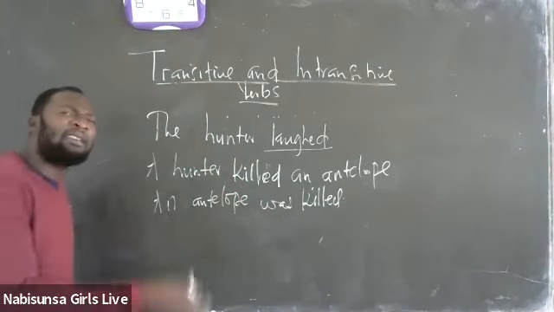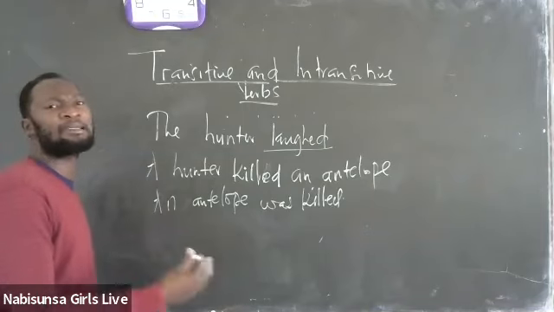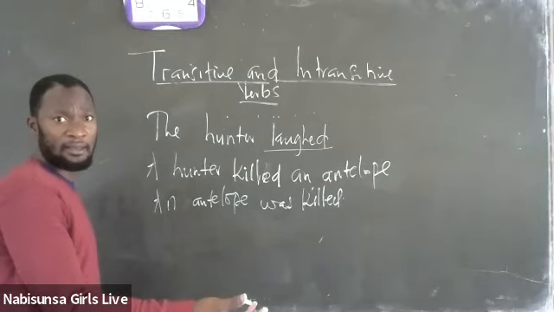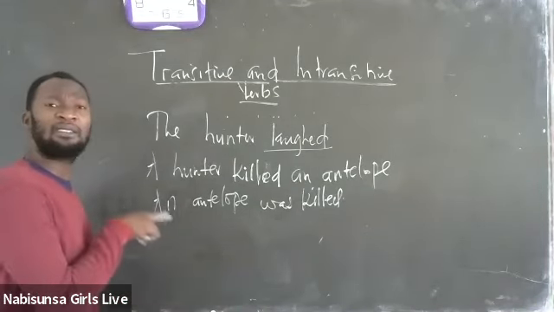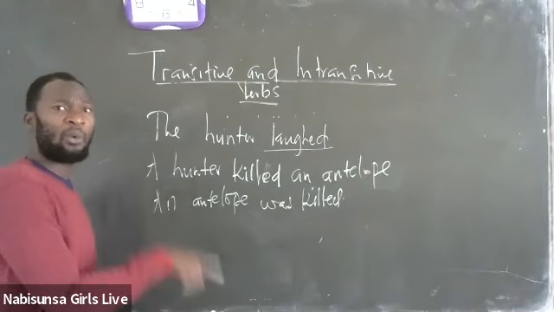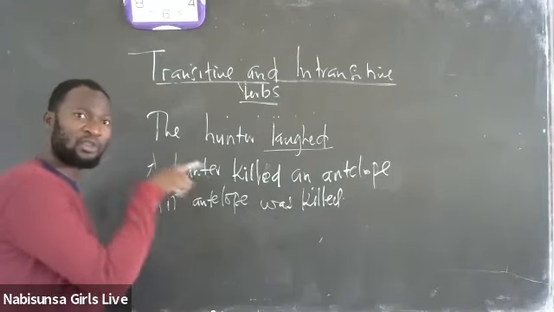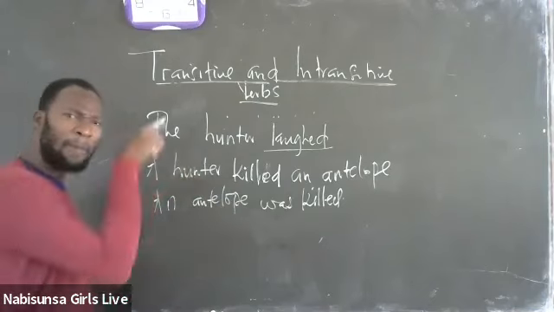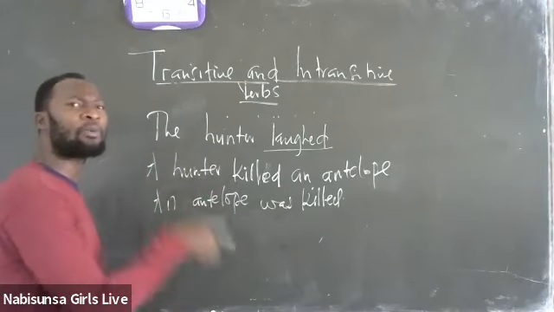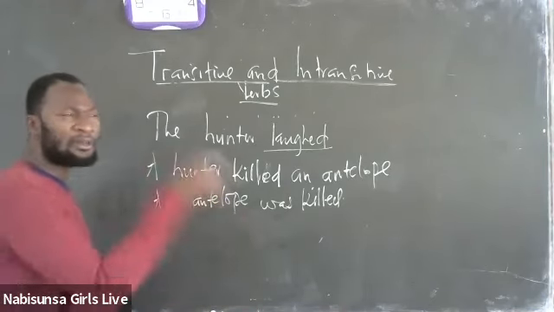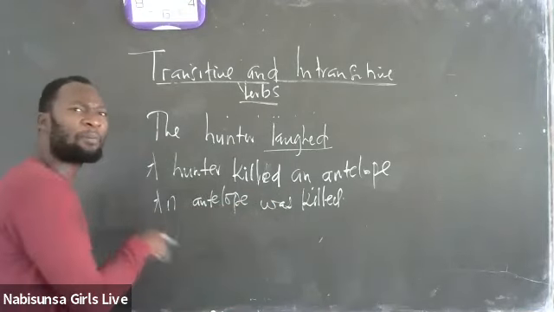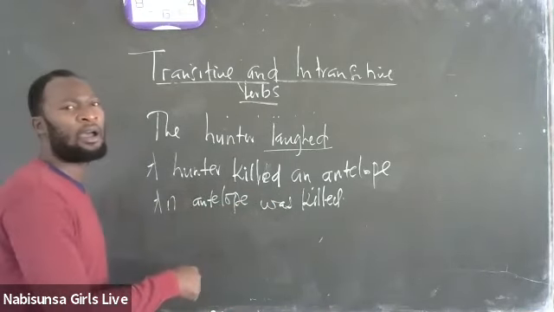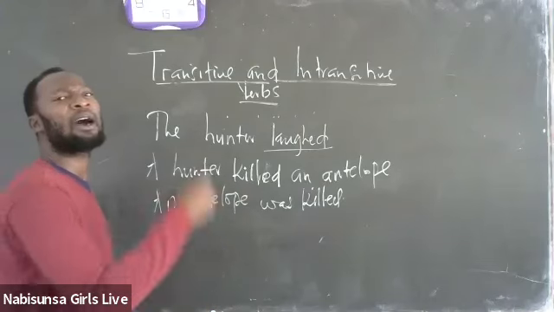If we are interested in who killed the antelope, then we can say by the hunter. But here we are not interested in who killed the antelope. We're interested in the action itself. What happened to the antelope? The antelope was killed. Who killed it? The hunter. But this time the passive voice does not require you to talk about who killed the antelope.